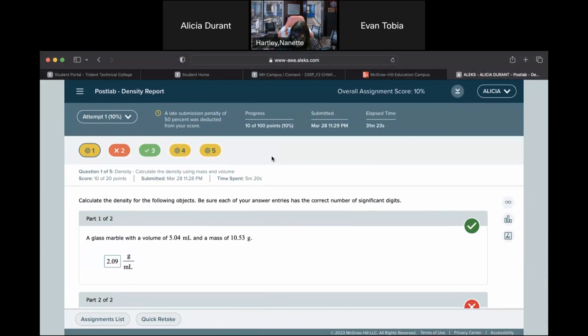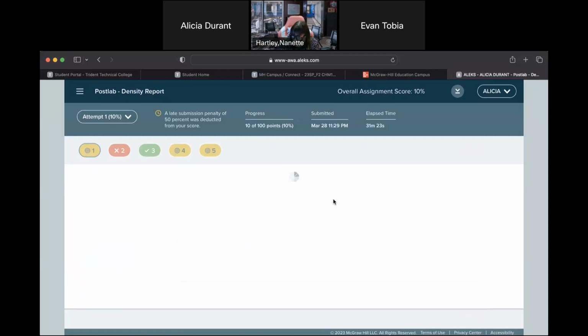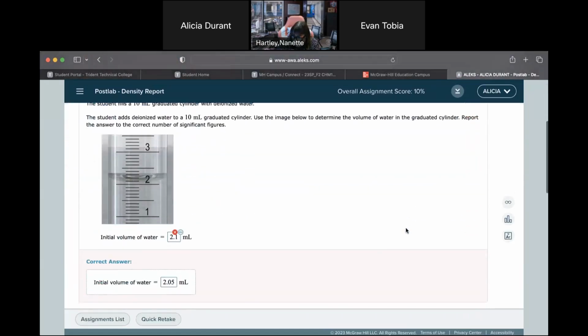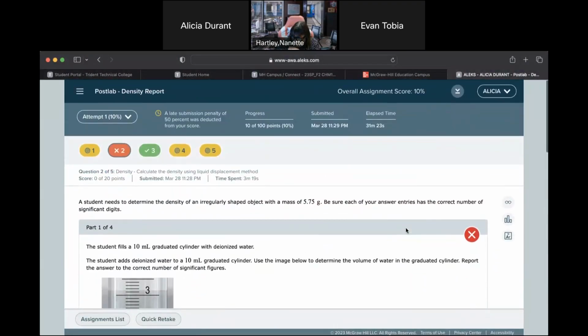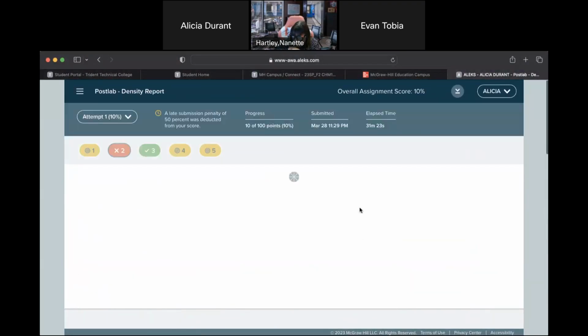Yeah, part 4 on number 2, that's not a sig fig issue. I just got that entire question wrong.